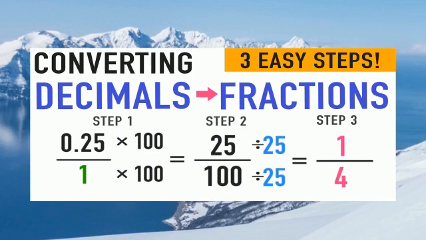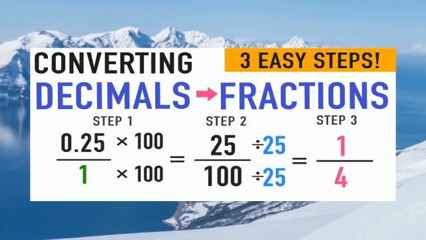So usually when we have a number, our denominator is equal to 1. So 0.25 over 1, we must multiply it by 100. 0.25 times 100 is equal to 25, and 1 times 100 is equal to 100. So over here, 0.25 is equal to 25 over 100.